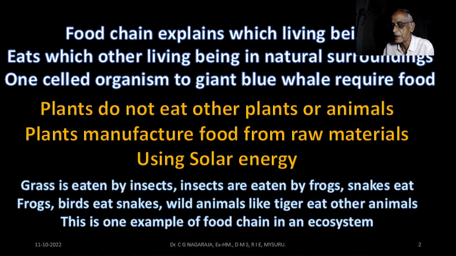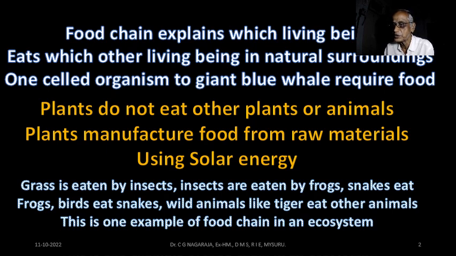Insects are eaten by frogs, and frogs are eaten by snakes, and snakes are eaten by birds, and birds are eaten by some other organisms. Like that, there is a chain of eating one animal and then the next animal, then the next animal, and it goes on like that.